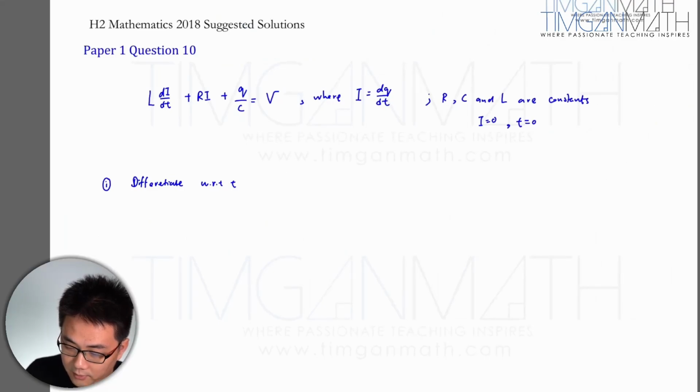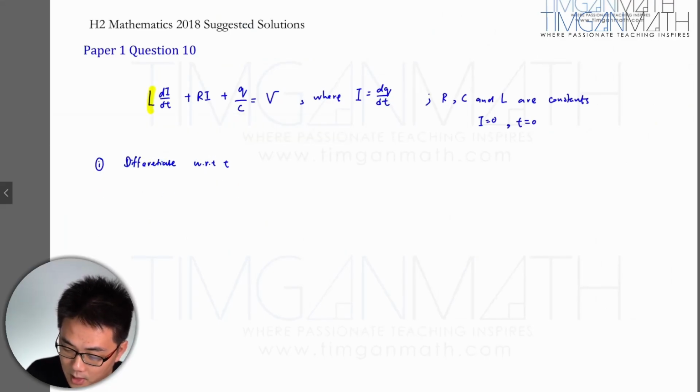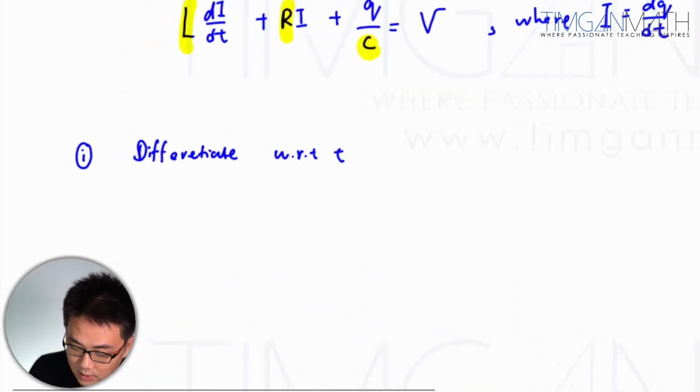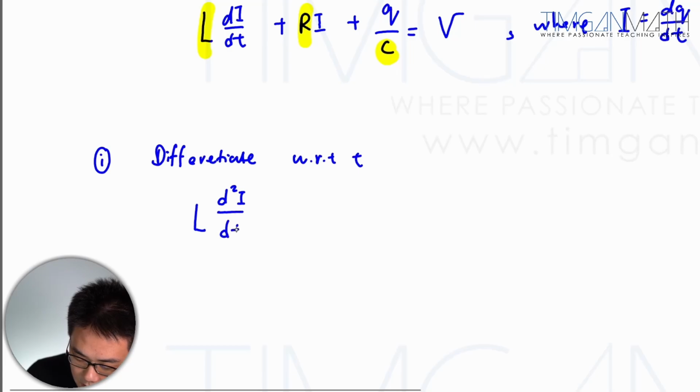We are told that L, R, and C are constants. So if you differentiate, this is L d square I over dt square, plus R dI over dt.